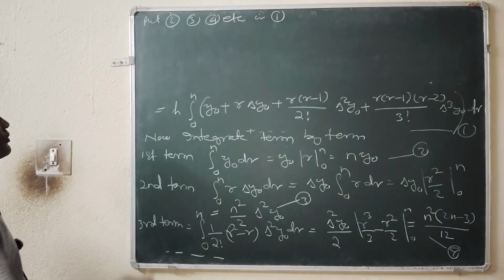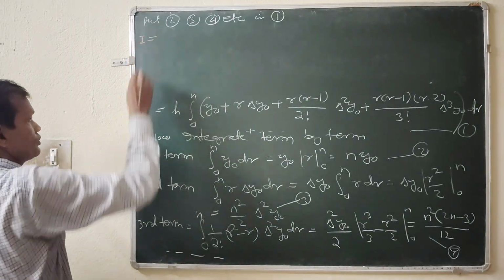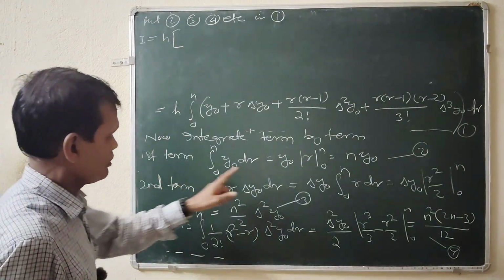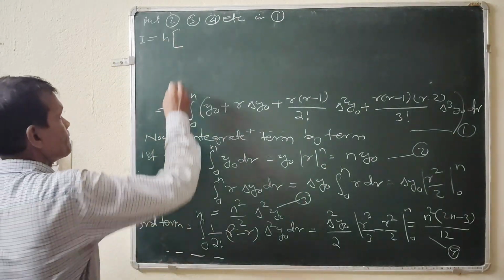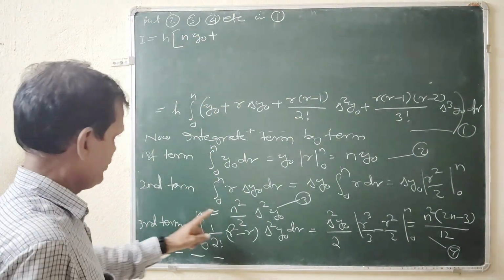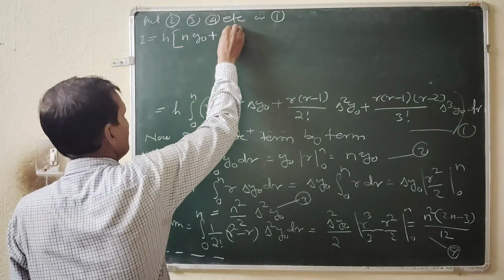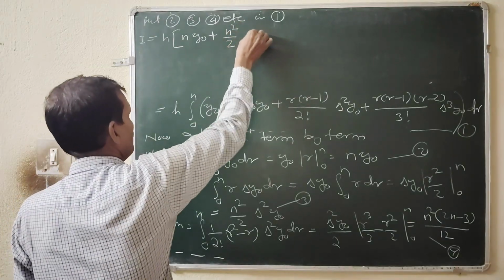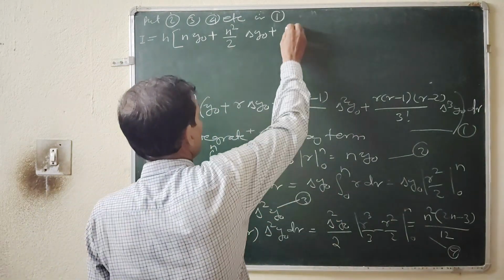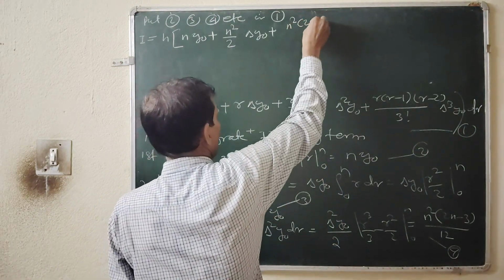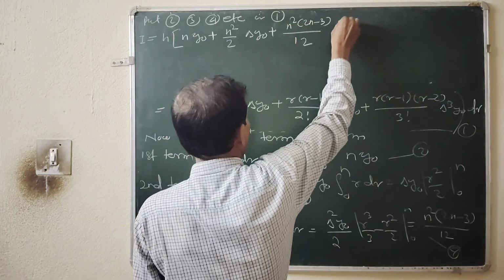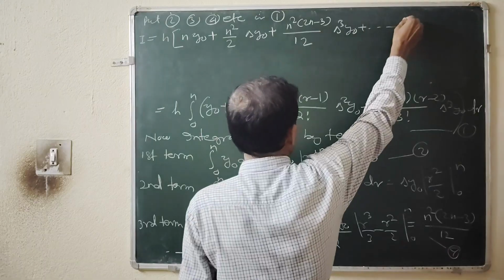This is the integral value. So I is equal to h times the first term, that is n y0, plus the second term, n square by 2 delta y0, plus the third term n square into 2n minus 3 by 12 delta cube y0, and so on.